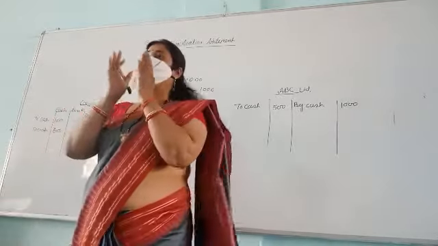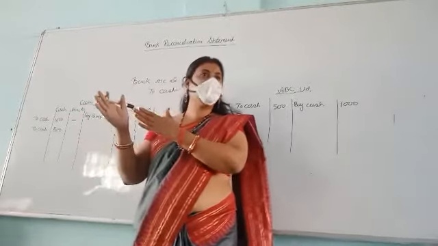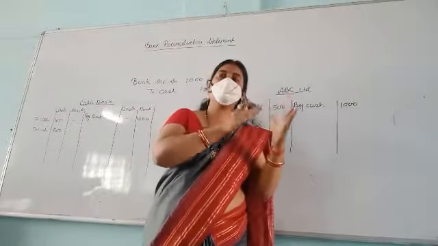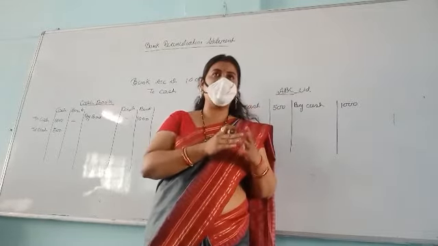So for bank reconciliation statement, it is necessary that the debit side of the cash book must be equal to the credit side of the passbook.